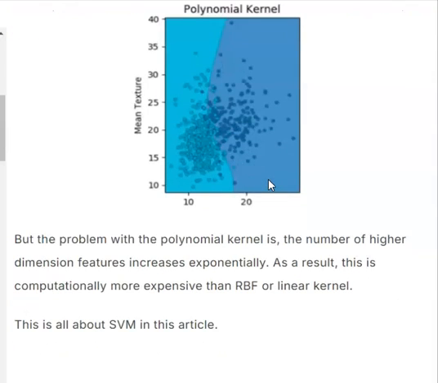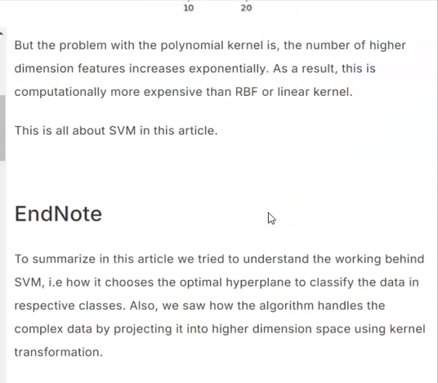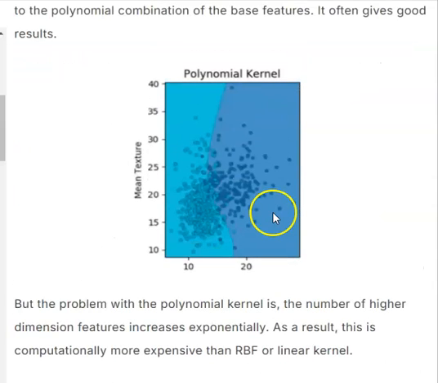So this could be more expensive than the RBF or linear kernel. According to me, even RBF is expensive. Now we may be thinking, okay, we could see the kernel trick, which is really helpful for us.